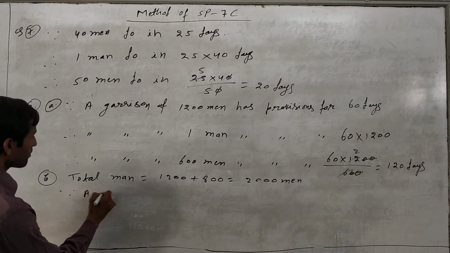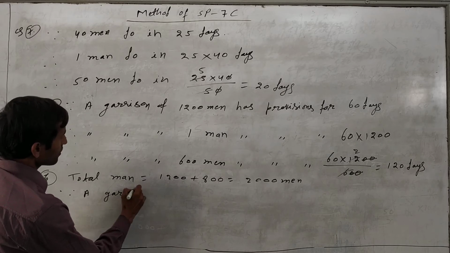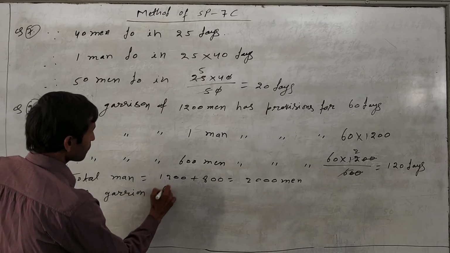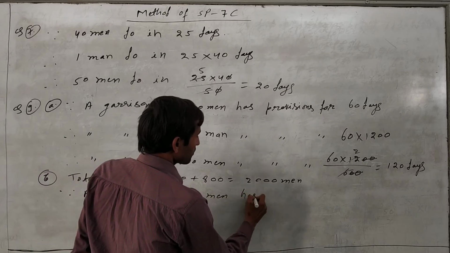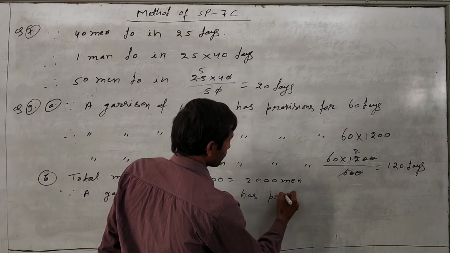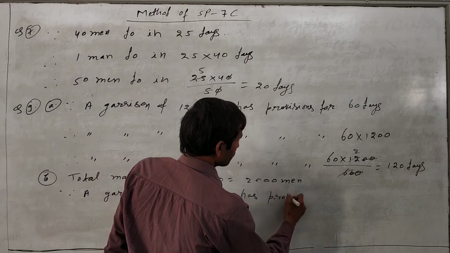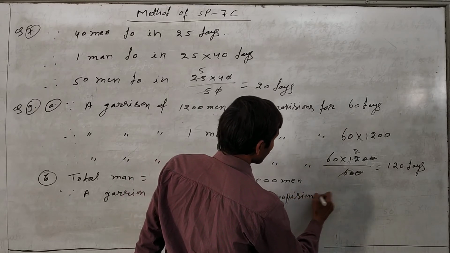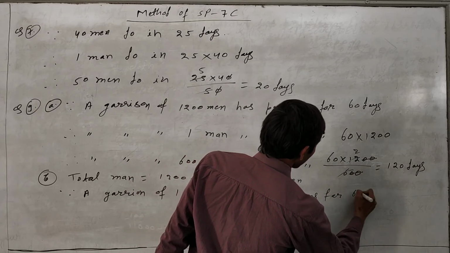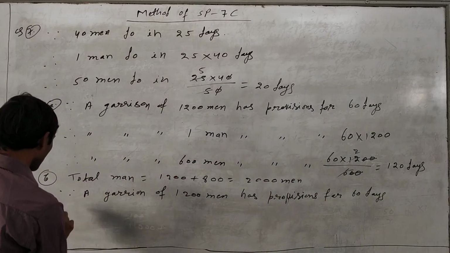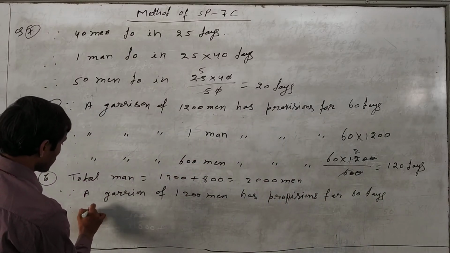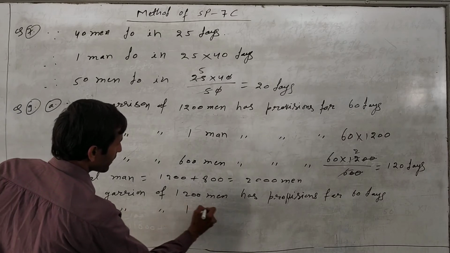So write the same statement that you wrote in the A part. 1200 men have provision for 60 days. Okay. Now we have to find for one man again.